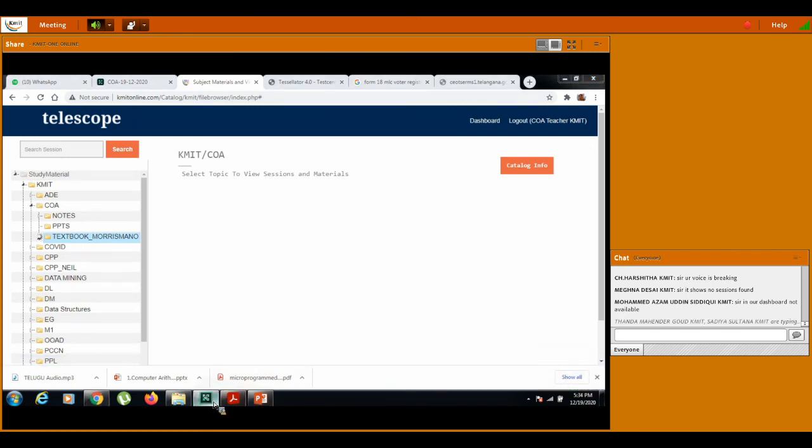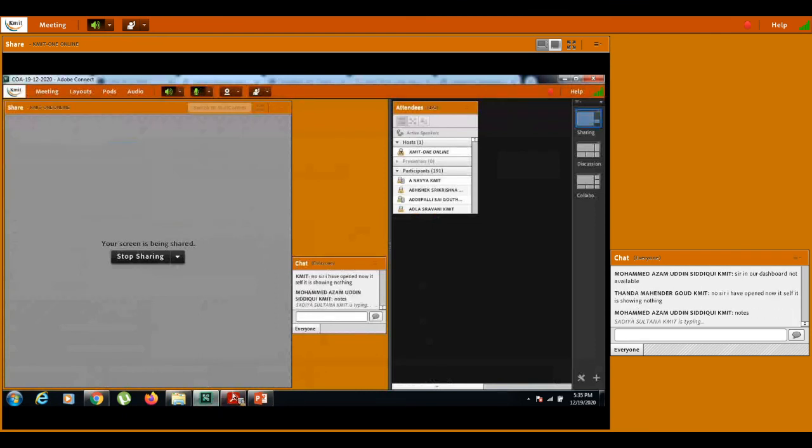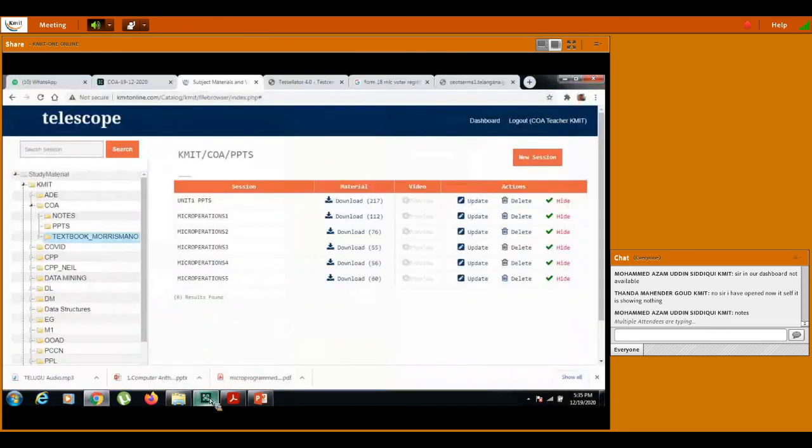Sir, in our dashboard, not available. No, sir, I have opened now. It is showing nothing. Mahendra Gaud. Why is it showing nothing? I can see here, right? See. But you are not able to see.